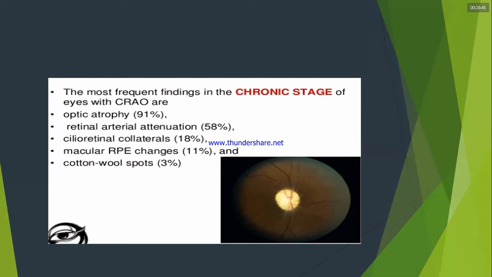You will see fine thread-like vessels develop, and macular RPE changes, so the retinal pigment epithelium will change and look like patches over the retina, and cotton wool spots will develop, which look like cotton wool in the retina. So these are the things you will see in old CRAO or the chronic stage of CRAO.